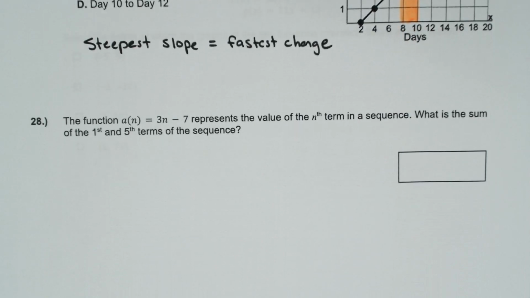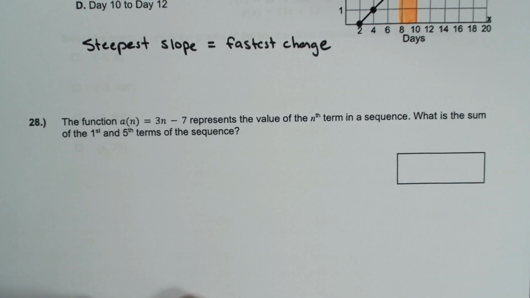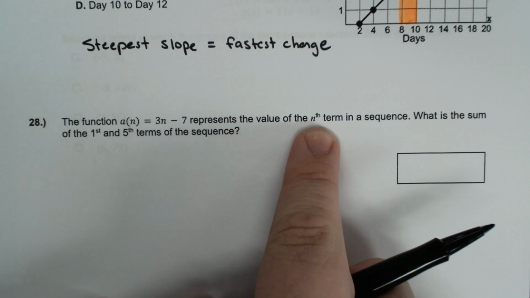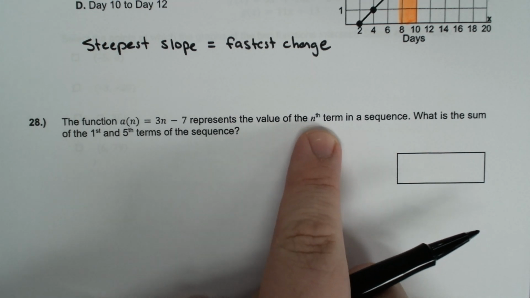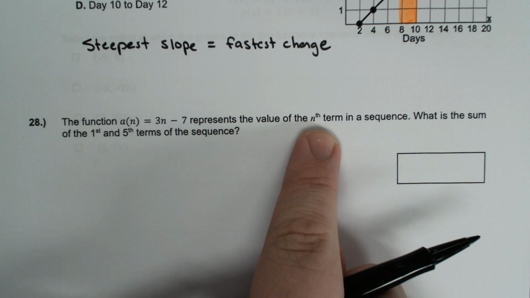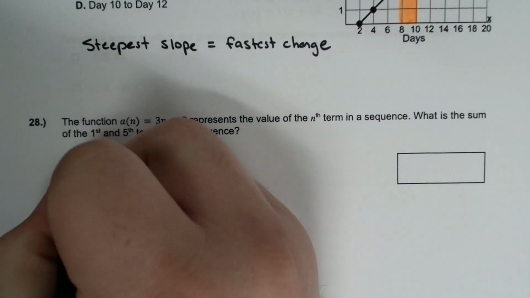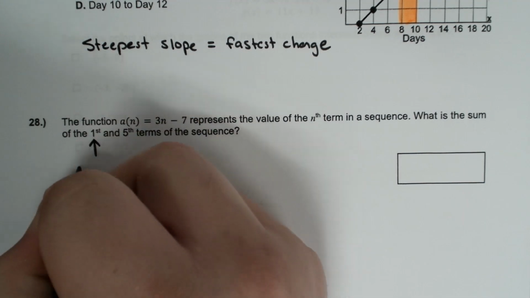Number 28. The function a of n equals 3n minus 7 represents the value of the nth term in a sequence. When you see nth term, that's just a placeholder. It means first or second or third or fourth or fifth or whatever. What is the sum of the first and fifth terms of the sequence? Well, if I want the first term, I'm going to plug in 1.